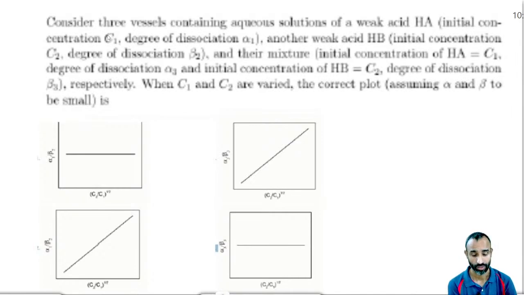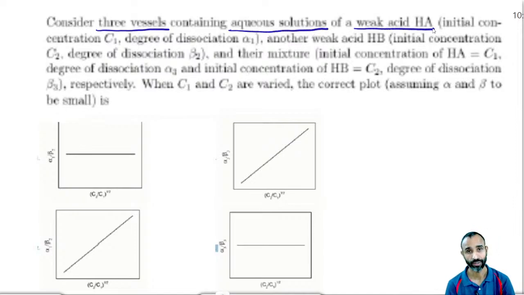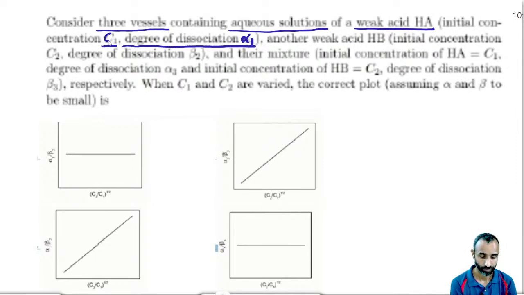Okay. See, consider 3 vessels containing aqueous solutions of weak acid HA. The initial concentration of HA is C1. The degree of dissociation is alpha 1. You know, HA gives H plus and A negative.